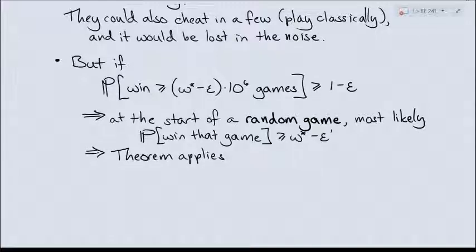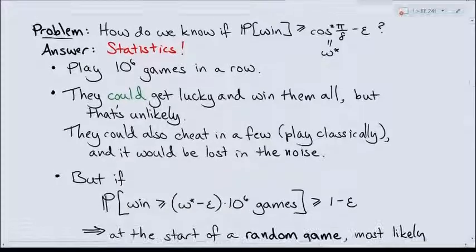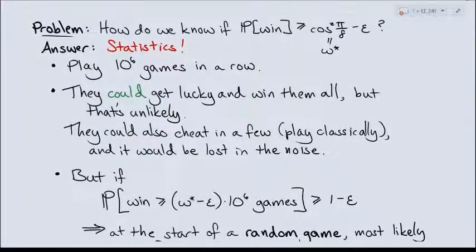There's nothing quantum here. And therefore, apply the previous theorem. They have a high probability of winning this one game. Therefore, by the previous theorem, they had to be using an EPR pair in that one game, or square root of epsilon close to an EPR pair. So the assumption here is that they've won 85% of 1,000,000 games, and the conclusion is that they have one EPR pair in a random game.